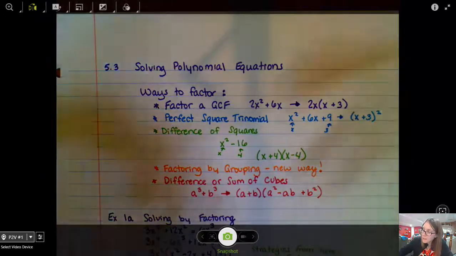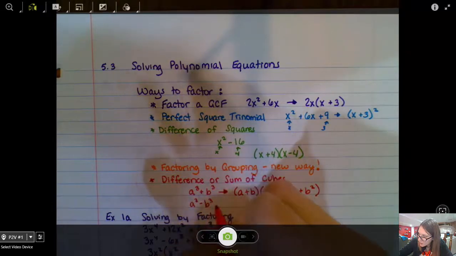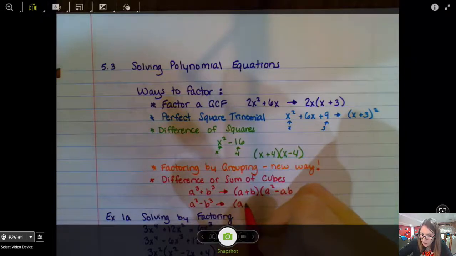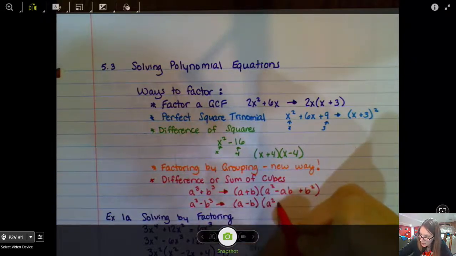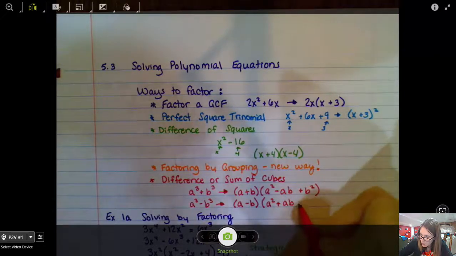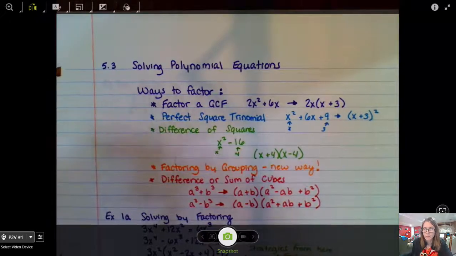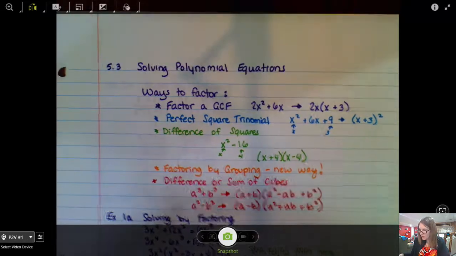And then if you have a difference of cubes, a cubed minus b cubed, that factors very similarly: a minus b times a squared plus ab plus b squared. All right, now let's use these formulas. I know this is kind of crazy to look at. So we'll actually use our formulas here in example 3.